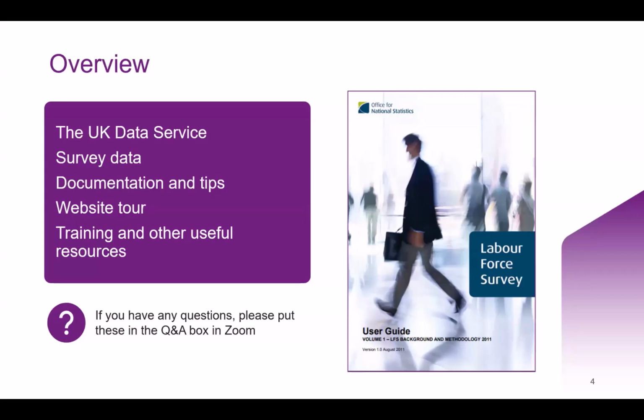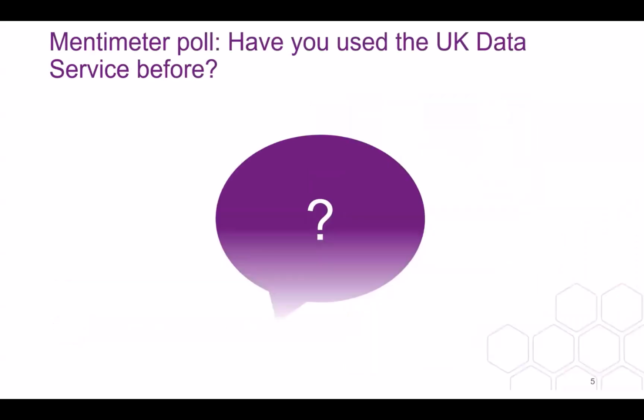We're then going to give you a little tour of the website, because we have a new data catalogue, and show you how to get to grips with that, with downloading and accessing some of the data. And then we'll signpost you to any of our training that you might find useful and some other useful resources as well. And as we said, if you have any questions, please do put these in the Q&A box in Zoom and we'll answer them throughout or later.